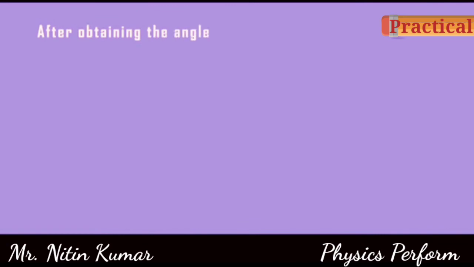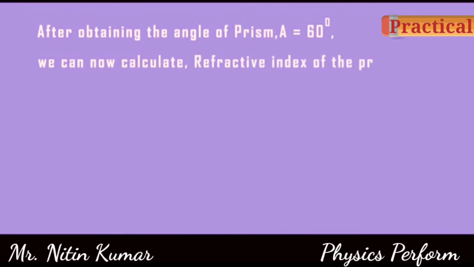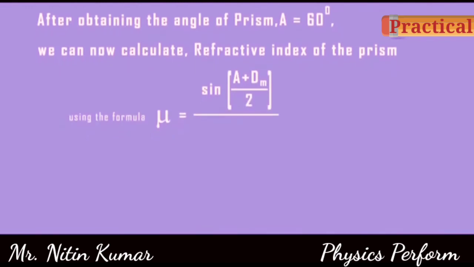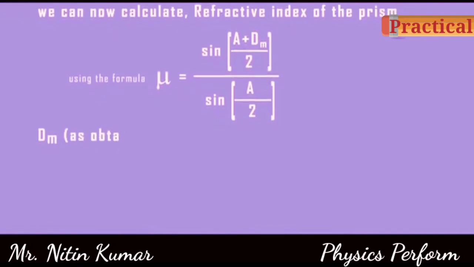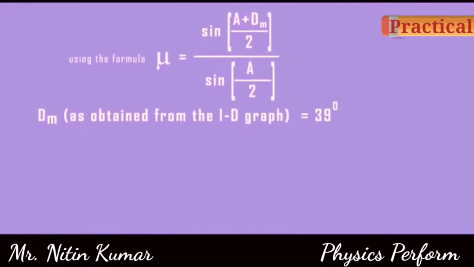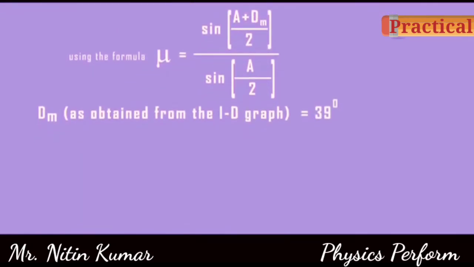After obtaining the angle of prism, A equal to 60 degrees, we can now calculate the refractive index of the prism using the formula mu is equal to sin((A plus Dm) by 2) by sin(A by 2). Dm can be obtained from the I-D graph, which is 39 degrees.